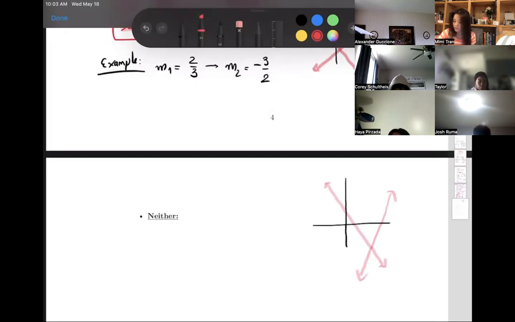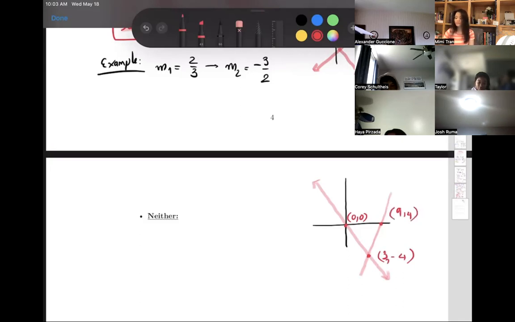So here I have, say for example, 0, 0. Go to 0, 0, like that. Okay, so 1 point is 0, 0 for that line. And then I'm gonna pick one right here. This is called 3, -4. 3, -4. And then this one is 9, 4. Okay, let's find the slope M1, M2.